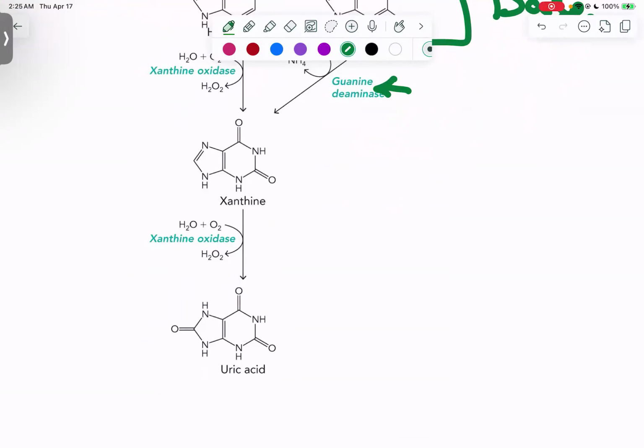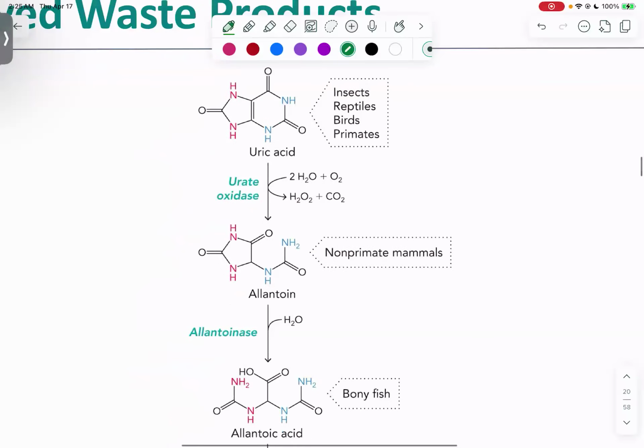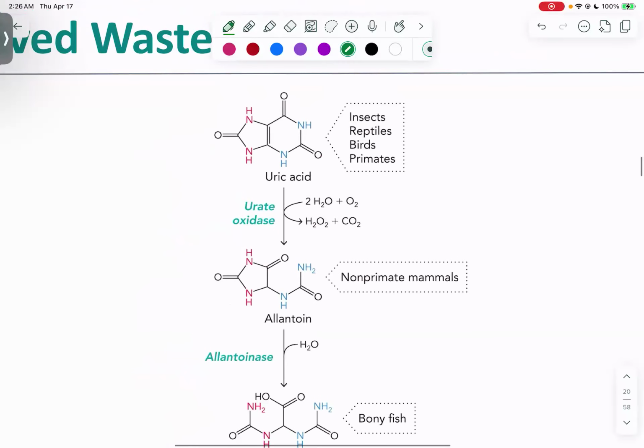And uric acid is a good waste product because it's insoluble in water. Like urea requires a huge amount of water in order to be soluble. But it can be used by birds and reptiles and insects and all that kind of stuff. So if you look, animals make uric acid, but we usually degrade it into other things, but different animals will degrade it to different points.